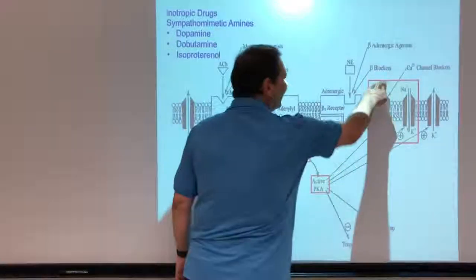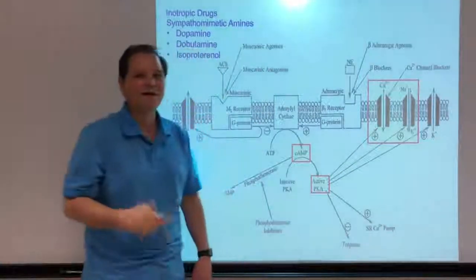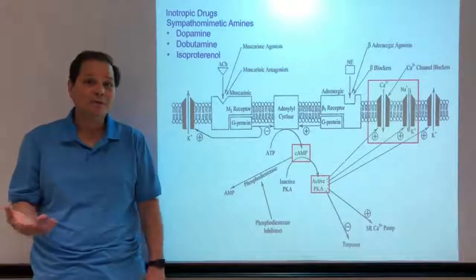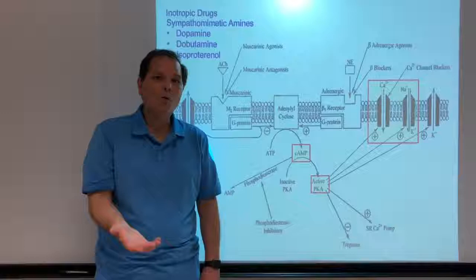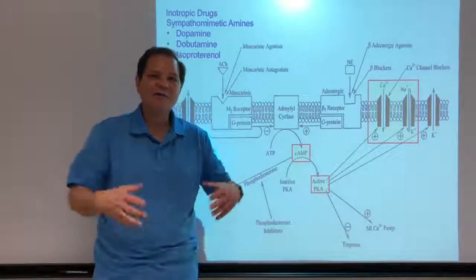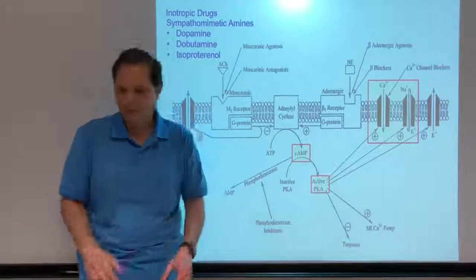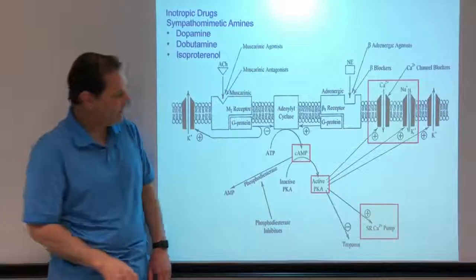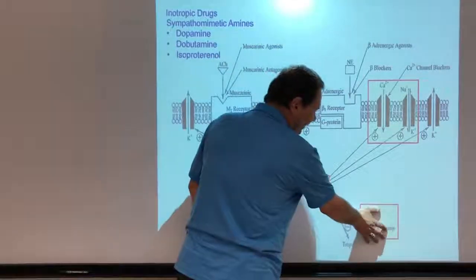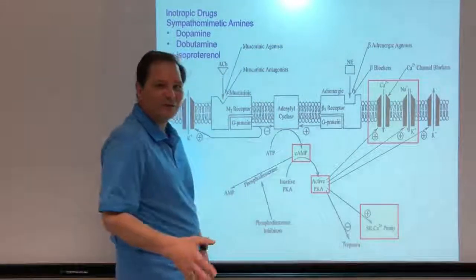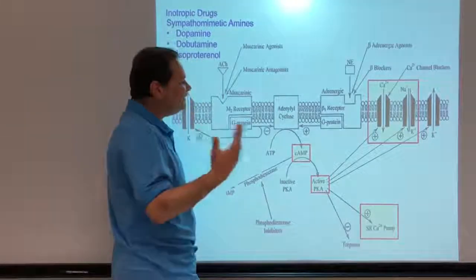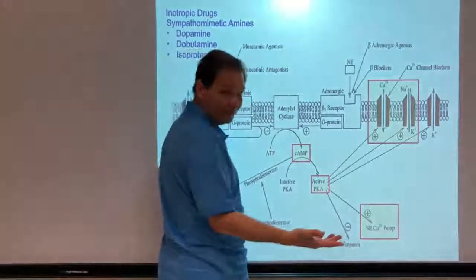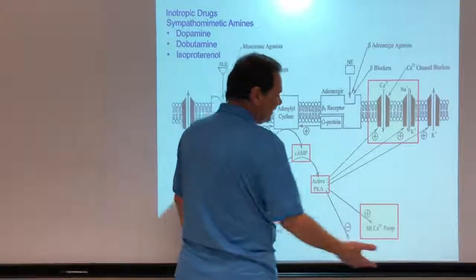You also get more calcium influx through the L-type calcium channel in the ventricle. Calcium accumulates in the cytosol. You get more force of contraction because you've got a higher calcium. You also have an increase in the SR calcium pump rate. That increases the calcium accumulated in the sarcoplasmic reticulum. That increases the amount of calcium released by calcium-induced calcium release.